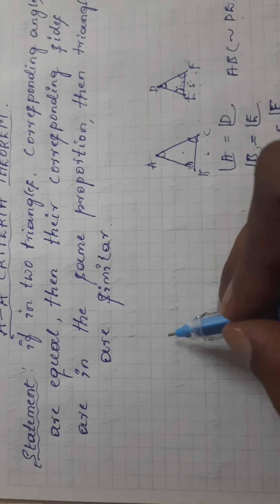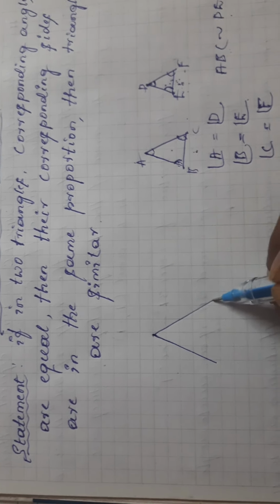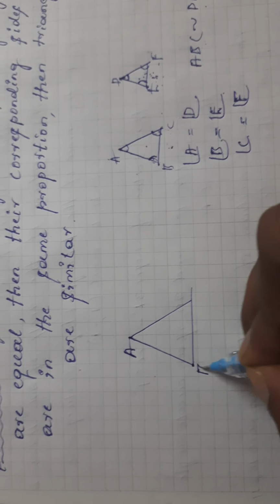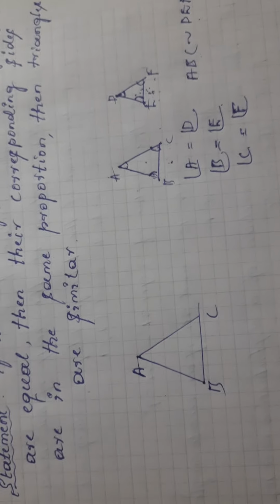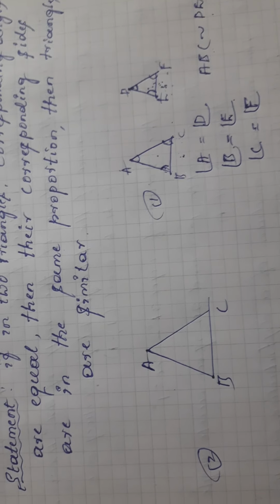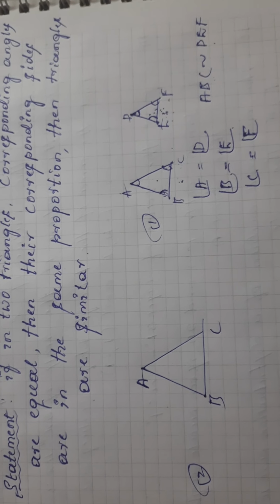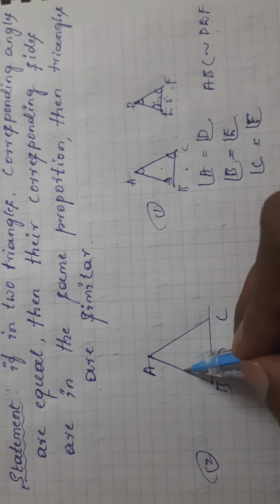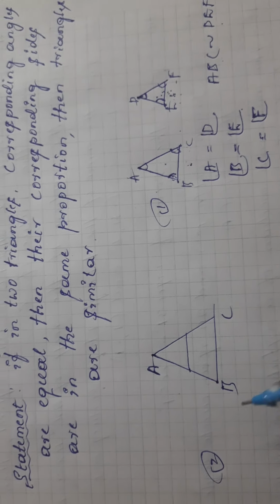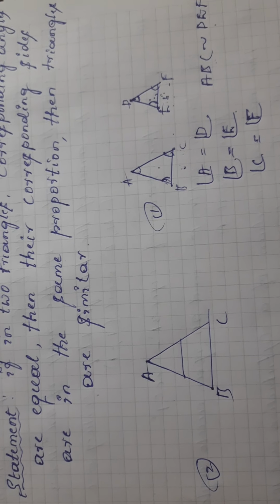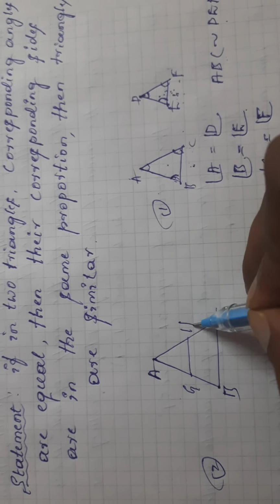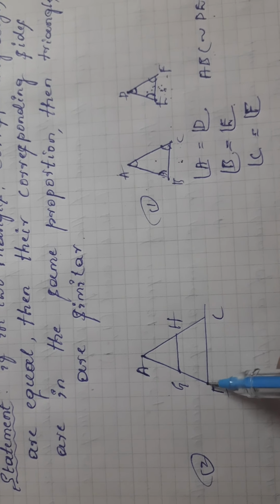Another very important point. For example, consider a triangle ABC. This is the first one. We already studied the Thales theorem. Draw a line parallel to the third side of this triangle. For example, this is GH, and GH is parallel to BC.